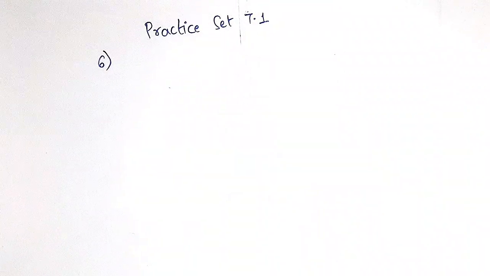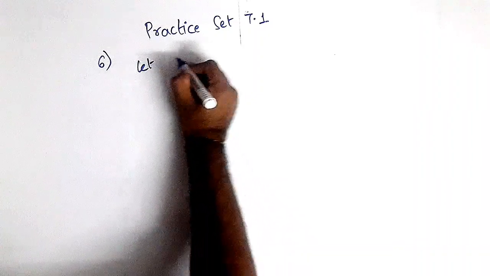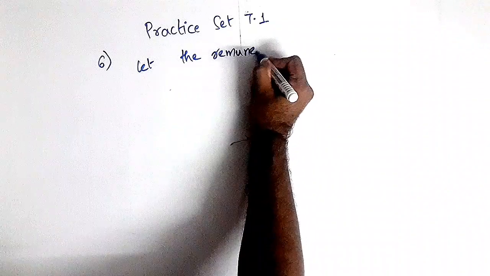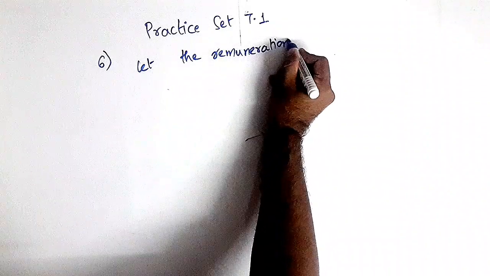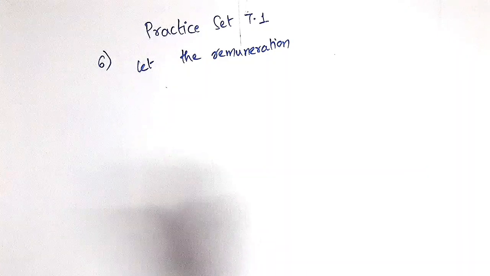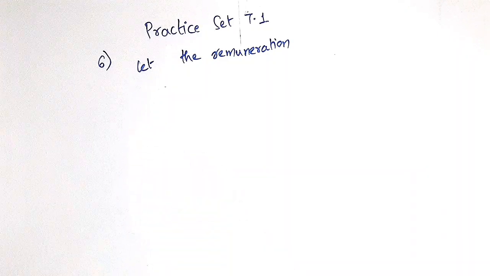The sixth one says that the total remuneration paid to the laborers employed to harvest soybean is in direct variation with the number of laborers. So what we'll do here is let the remuneration, maybe it is a bigger word for you, but remuneration means the payment.